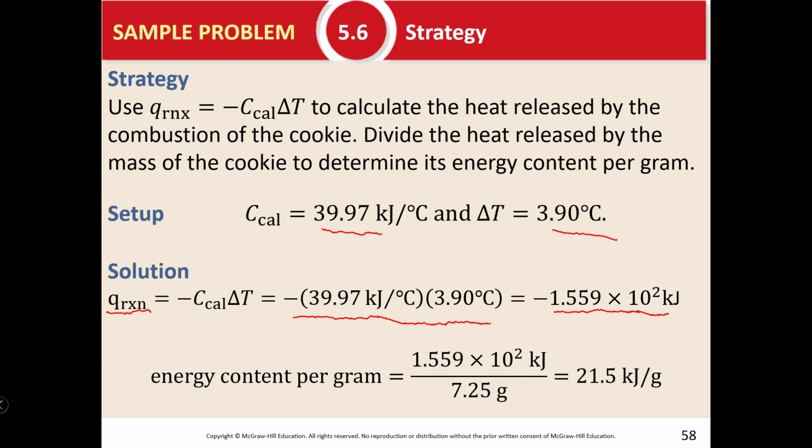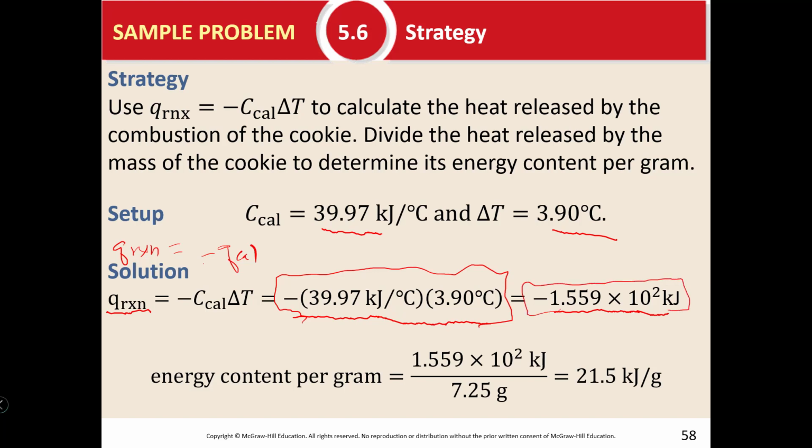They kind of combined a little bit too much. So what we have here is Q of the reaction equals negative Q of the calorimeter. Here's what we know about the calorimeter. And once we calculate this and we make it negative, that's how much heat would be given off by the cookie.